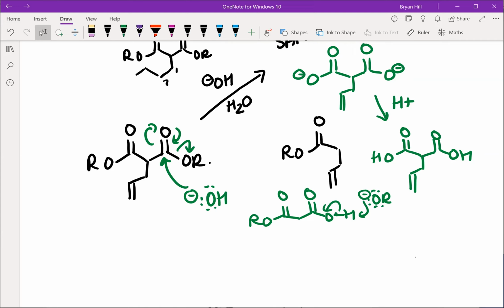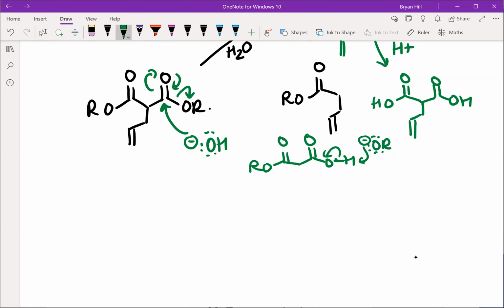Actually, doing the acidification step isn't always necessary. You can skip it, but the mechanism looks prettier when you do it this way. So that's how we'll do it.